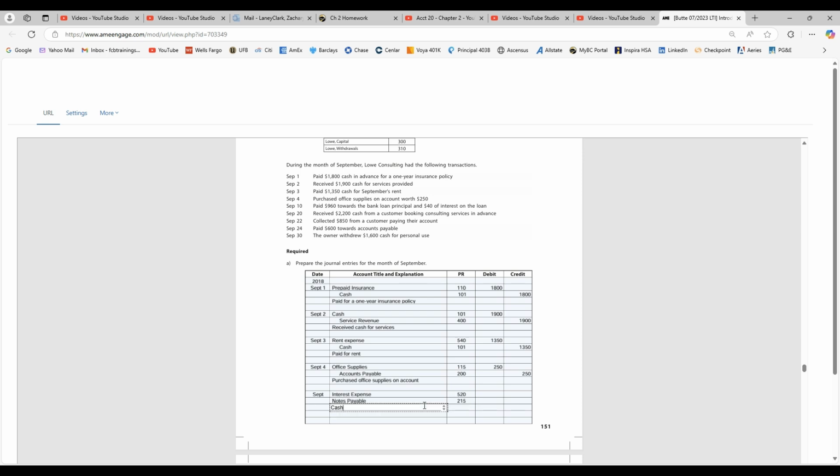And then we've got cash. I can't forget that we're using cash to pay for the interest expense and the principal payment. The interest portion was $40, and the principal was $960. If we add those together, we can see a $1,000 cash reduction. Oops, forgot to put the date in there. September 10th.